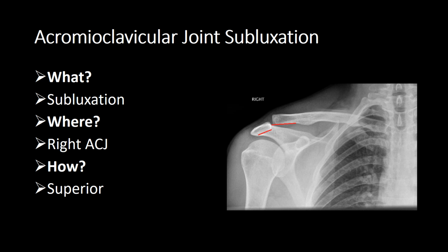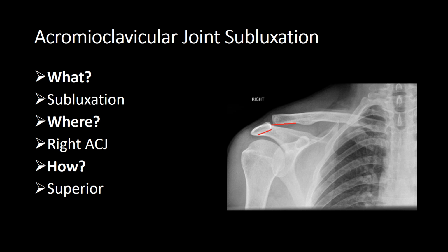On this radiograph, we can see there has been a superior subluxation of the acromioclavicular joint. Remember, when we assess the acromioclavicular joint, the inferior border of the acromion and the inferior border of the clavicle should be in alignment. Here we can see that there has now been superior displacement of the clavicle in relation to the acromion.